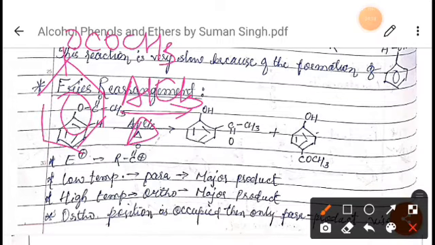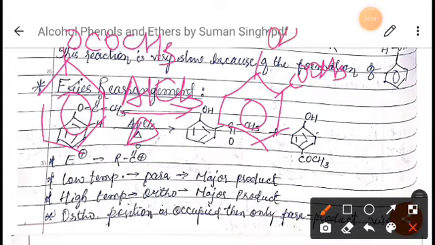When we heat this, we will get two products here. One will be this, which I have already written below, as you can see, COCH3 and here OH, and one more product we will get, this. Here also ortho, and here you can see it is at the para position, right?